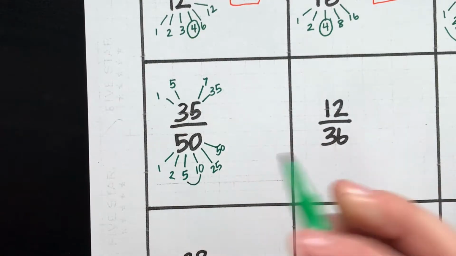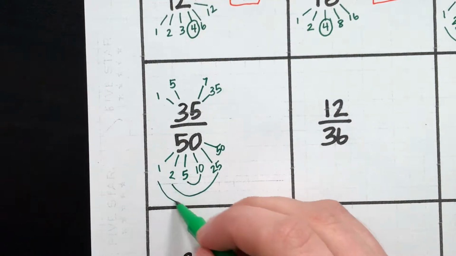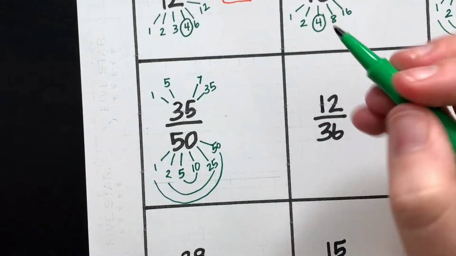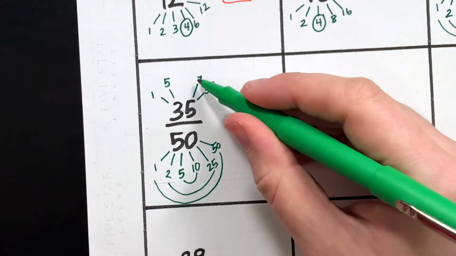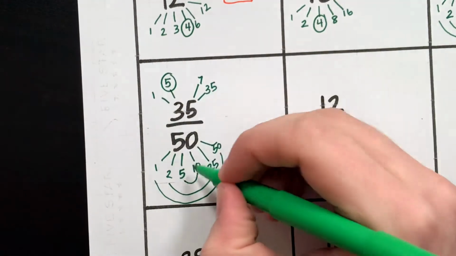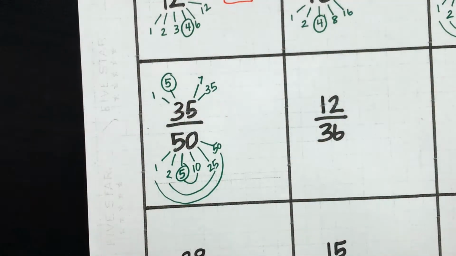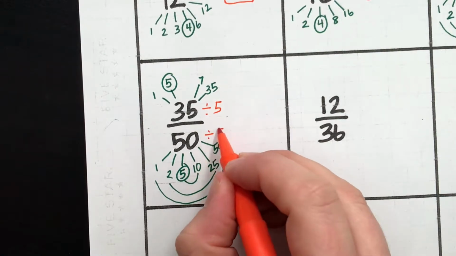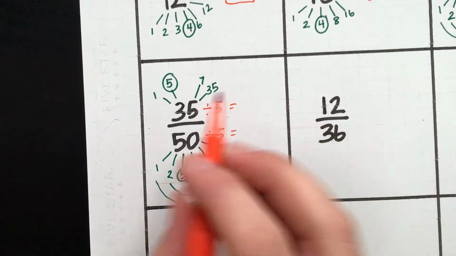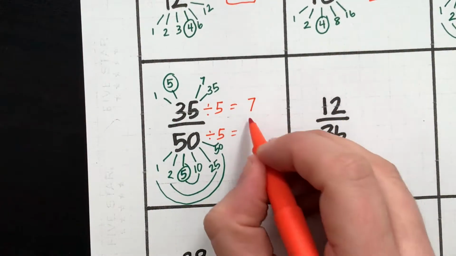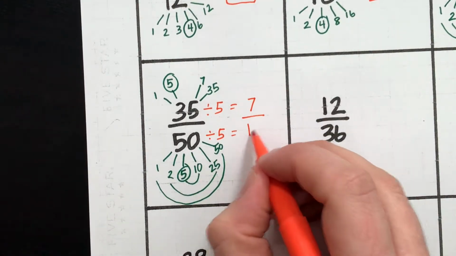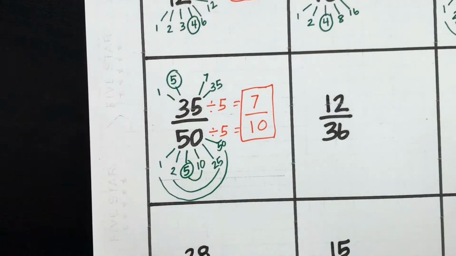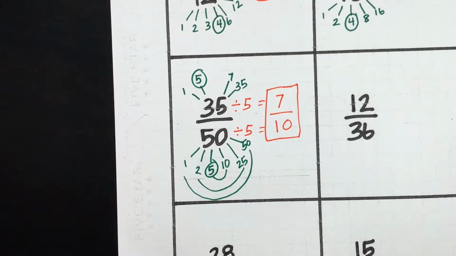So I know those are all the factors. All right, so the greatest factor they have in common is 5. Let's divide both sides by that GCF, or greatest common factor. 35 divided by 5 is 7, and 50 divided by 5 is 10. So 7/10 is the simplest form of 35 over 50.